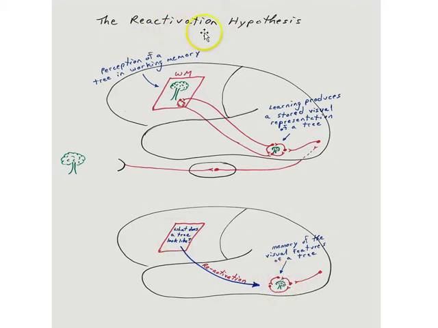So the reactivation hypothesis states that many of the very same areas used in perception are also used in imagery. It's just that during imagery, or during imagination, we are internally activating those memories. But what is common is that we must set up those loops of activity to have the experience of the image.